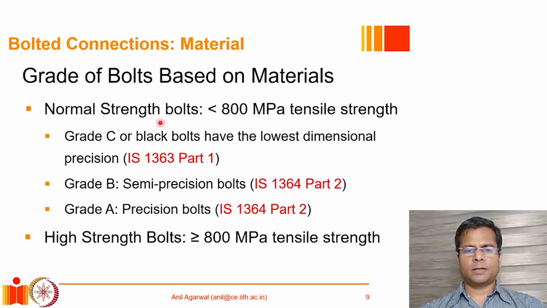Within that, there are three classifications, A, B, and C, which are based on the geometrical precision or accuracy of the dimensions. The high strength bolts are the ones that have greater than or equal to 800 MPa tensile strength.